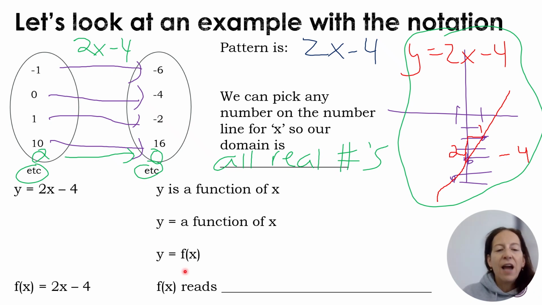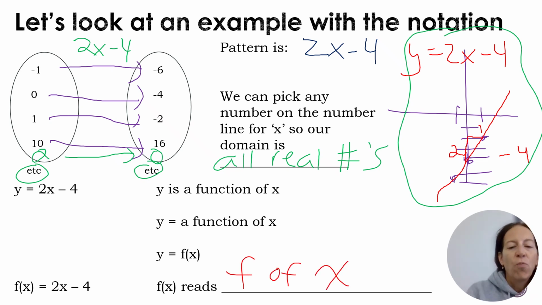The shorthand for "is a function of x" is that notation right there. It's got the f outside and then the x in the parentheses. And so what you might see instead of y equals 2x minus 4 is you might see f of x equals 2x minus 4, and you read that out loud, f of x, which is a shorthand way of saying function of x.